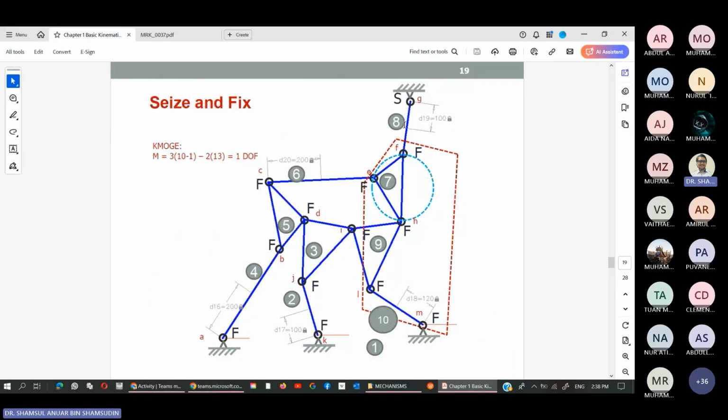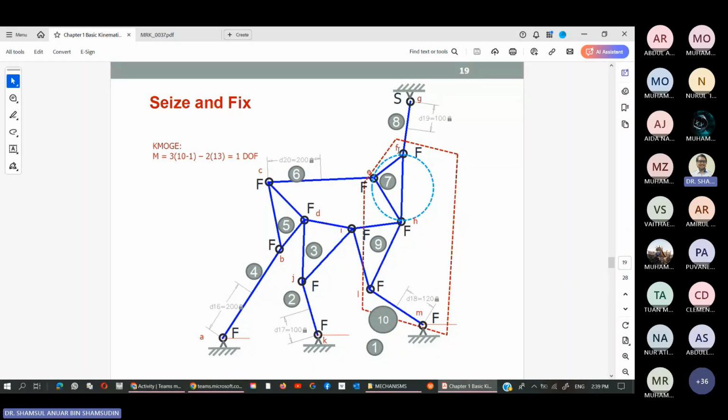So between this body 8 and 6 and 9, they are connected at 3 points here, and we have another body called 7. Actually, we can put them together, like you crush or simplify this thing.